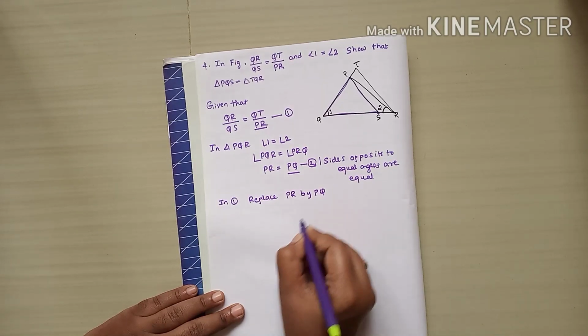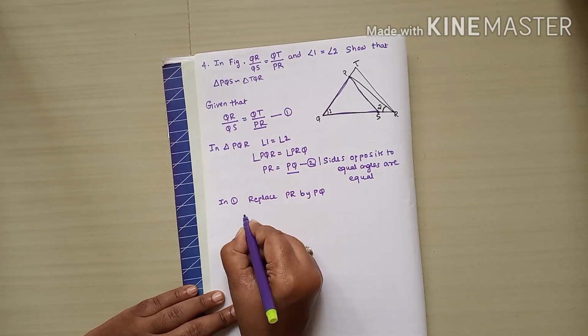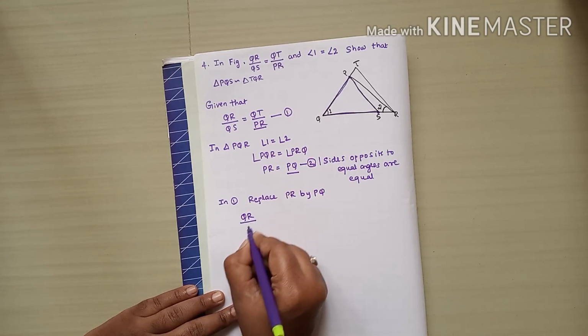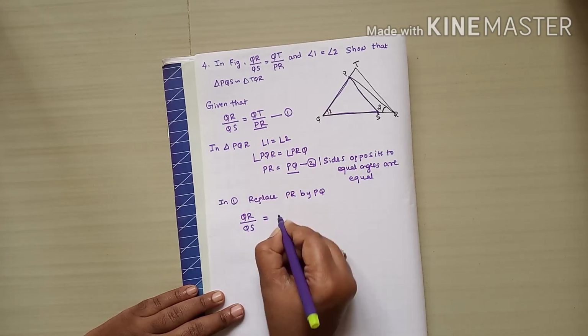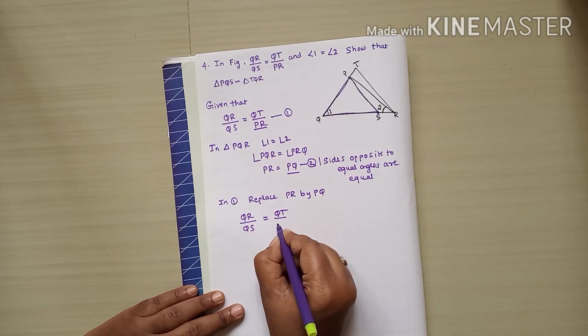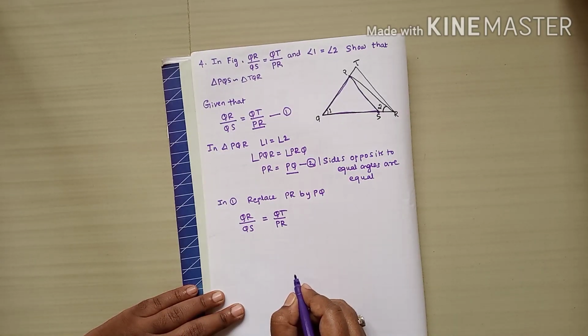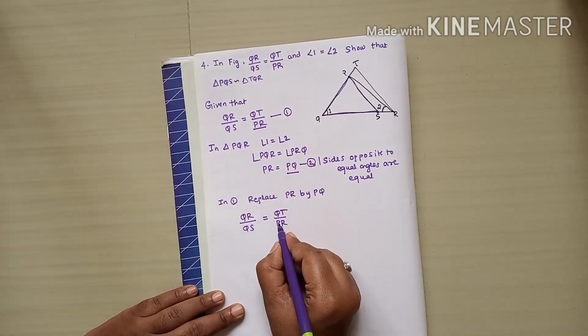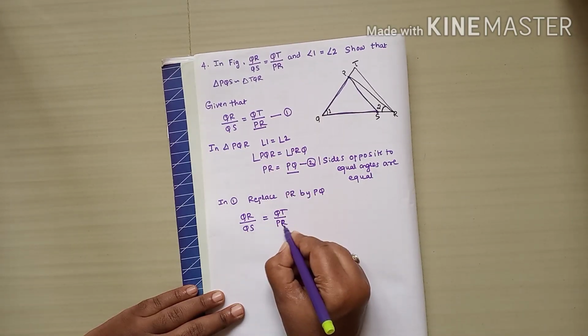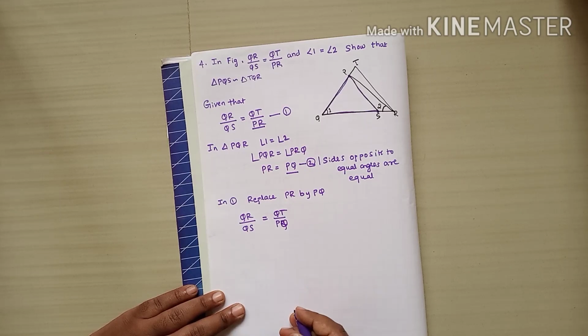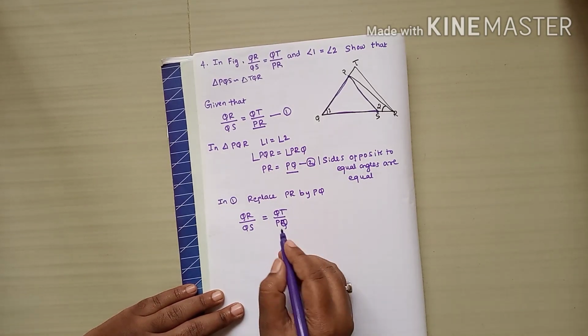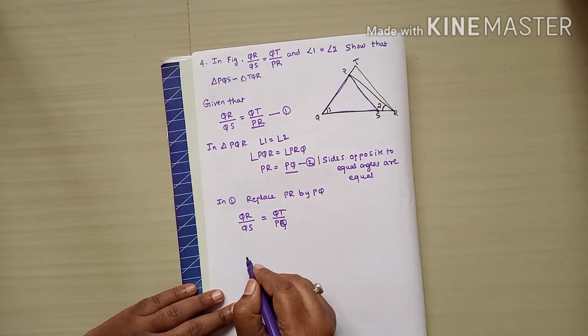Then this equation will become QR divided by QS is equal to QT divided by PQ. Sorry, in place of PR what we have to replace? PQ, no? PQ.